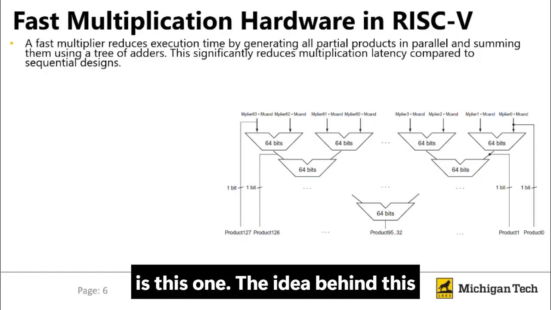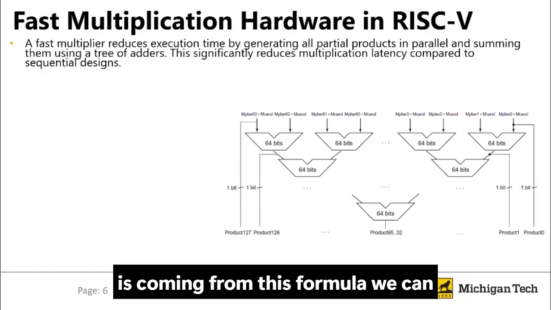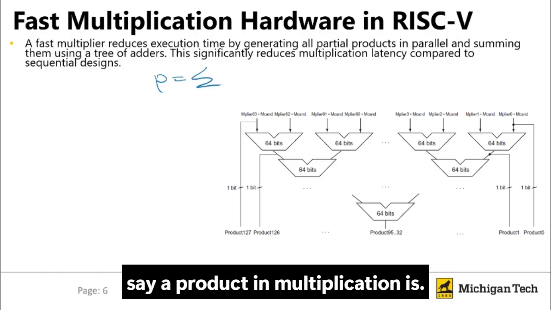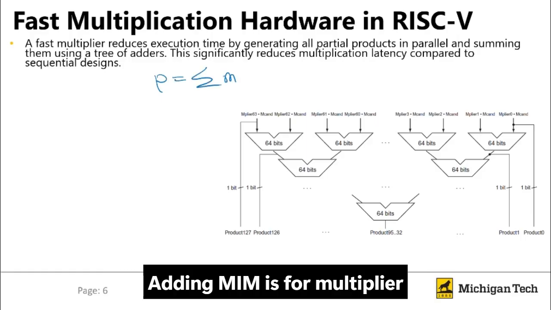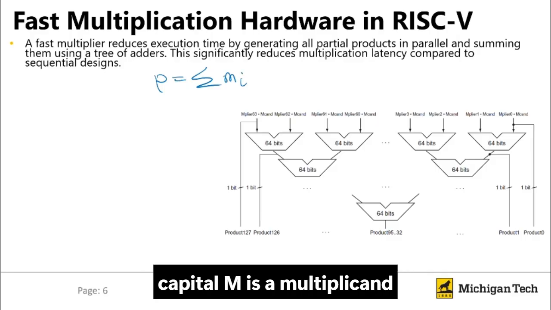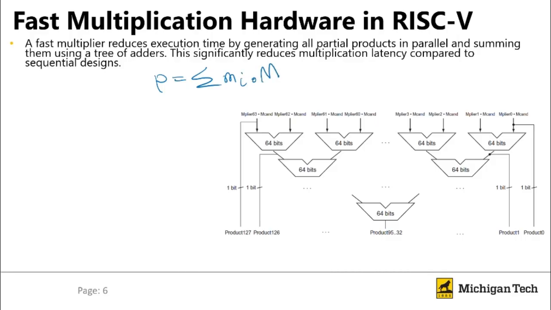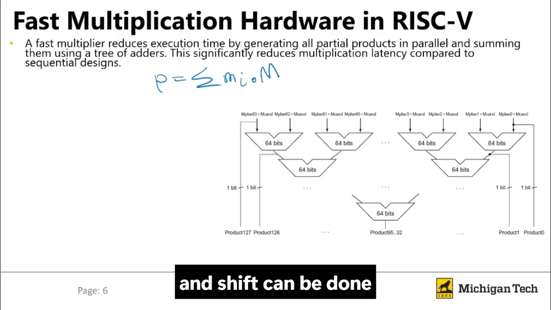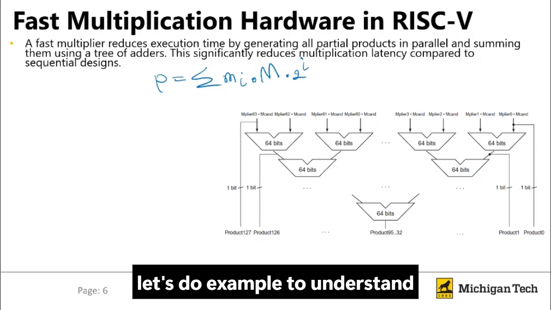The idea behind this comes from this formula. We can say a product in multiplication is the sum of m_i times M times 2 to the power i. Lowercase m is the multiplier, capital M is the multiplicand, and the shift can be done with 2 to the power i.